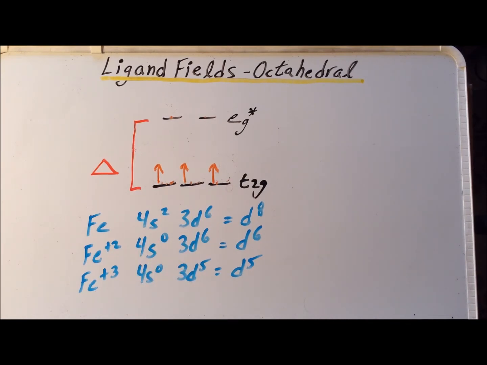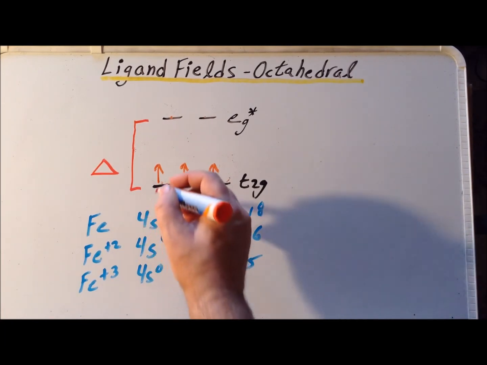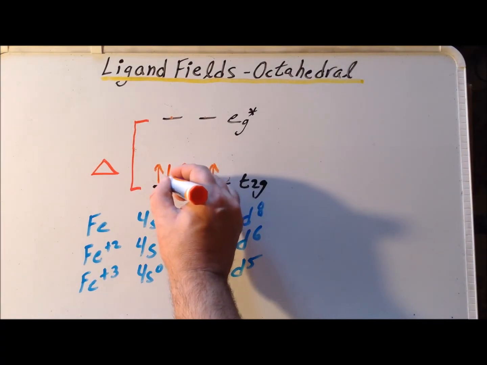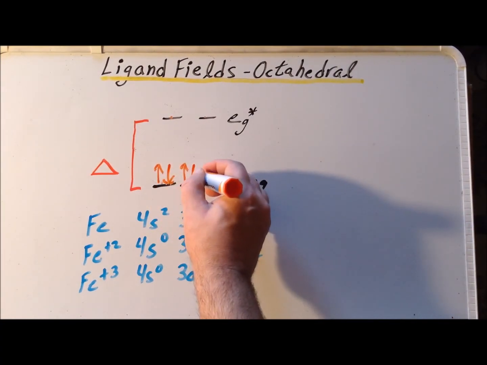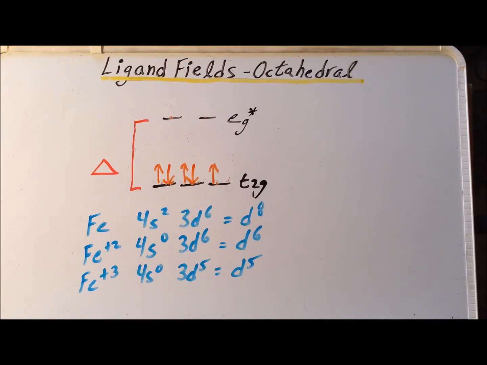And now since it's a strong field, a low spin situation, we continue filling T2G till we've used up all the electrons. So now we have the low spin case. Now notice this is still paramagnetic, but this is the lowest possible spin configuration that we can have, being that we have an odd number of electrons. So this would be our strong field, low spin, iron 3 plus.